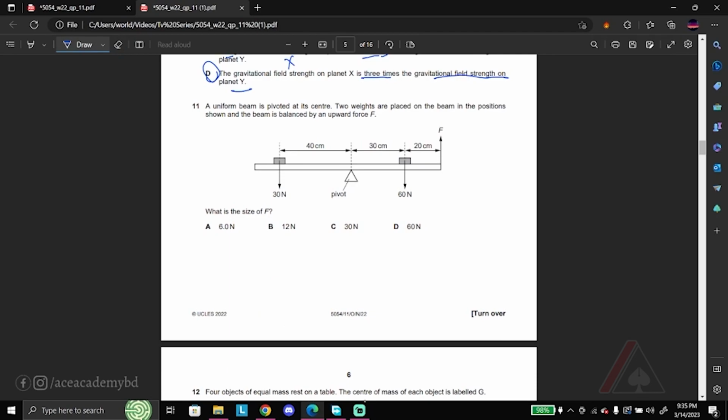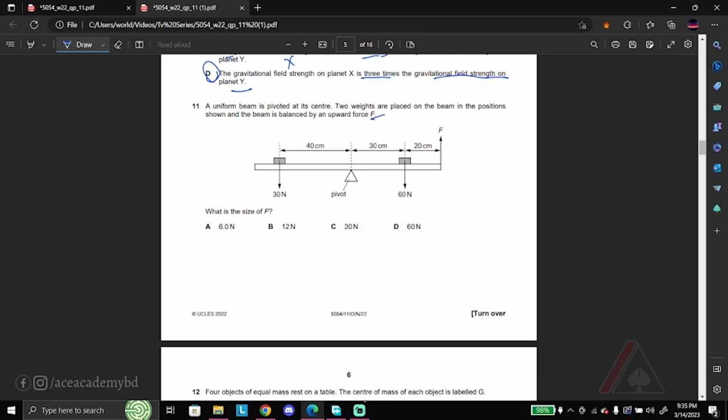Okay, so let's move on to question number 11. It states a uniform beam is pivoted at its center. Two weights are placed on the beam in the position shown, and the beam is balanced when an upward force of F is applied. So this is a typical question for moment or turning effect of forces.